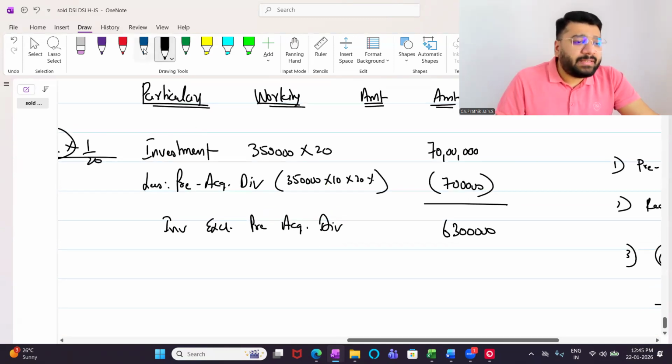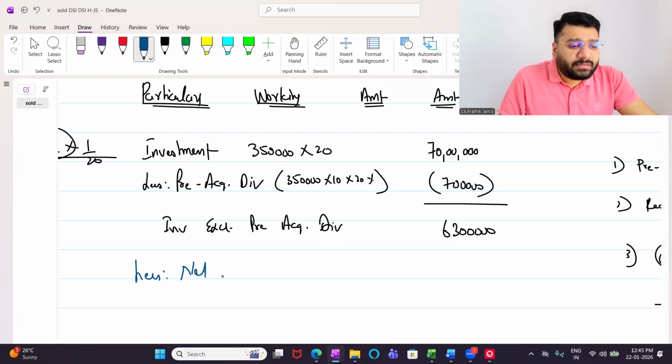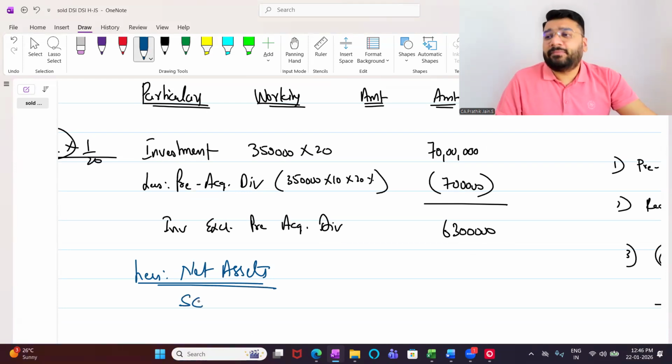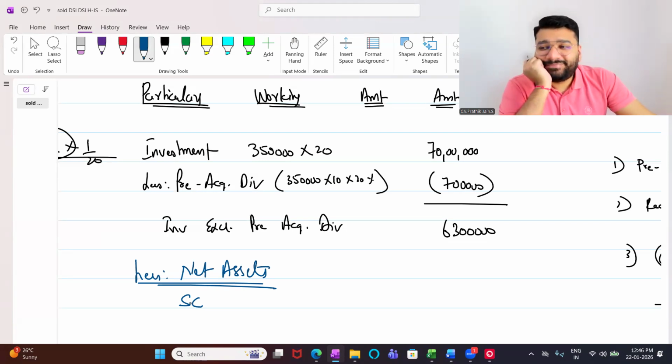Now, this I have to do comparison with what? Less net assets. Share capital. Share capital is not there. Okay, fine. Reserve and surplus.